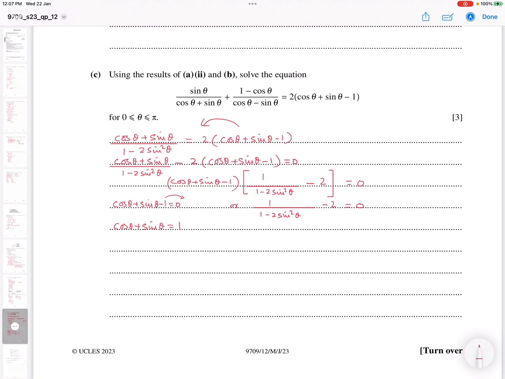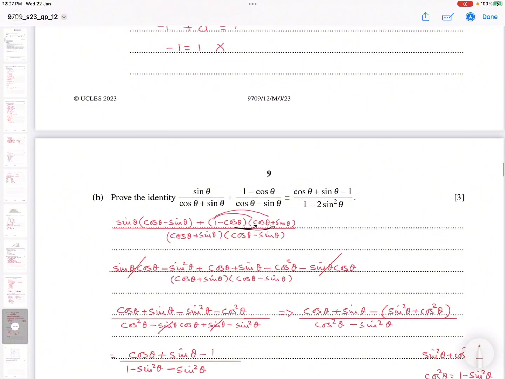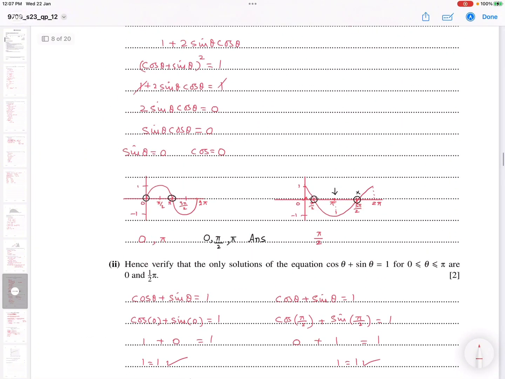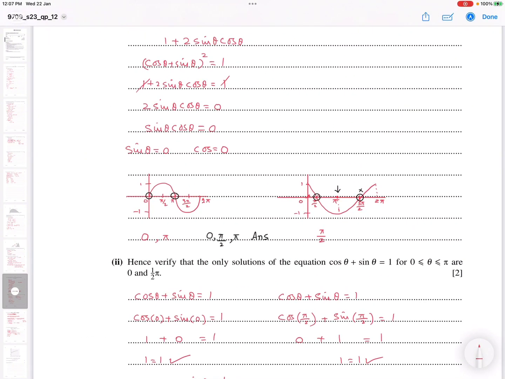And for this type of equation in part A2, we already found out two values of theta, and that was 0 and pi by 2. Let me show you. 0 and pi by 2. See?